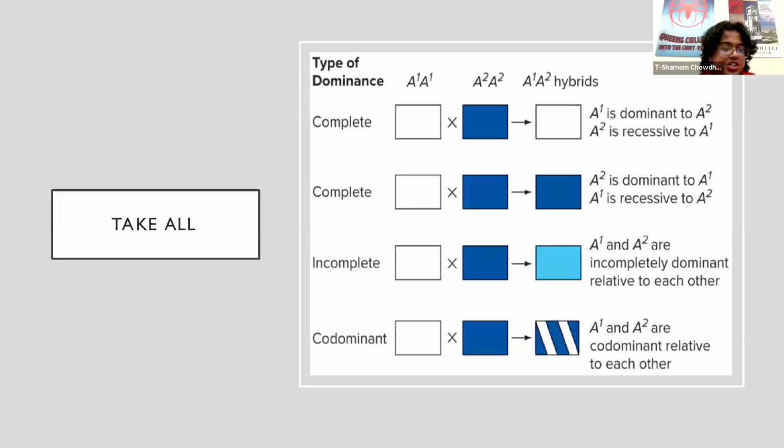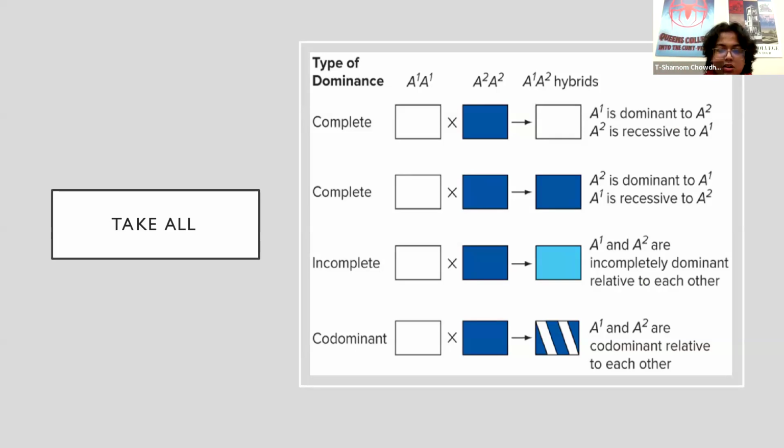So now we're going to talk about gene interactions with one another. You can have complete dominance, incomplete dominance, and co-dominance. Complete dominance is what we mentioned before. If you have a dominant allele, as long as you have one of that dominant allele, that dominant allele is the one that's going to be shown.